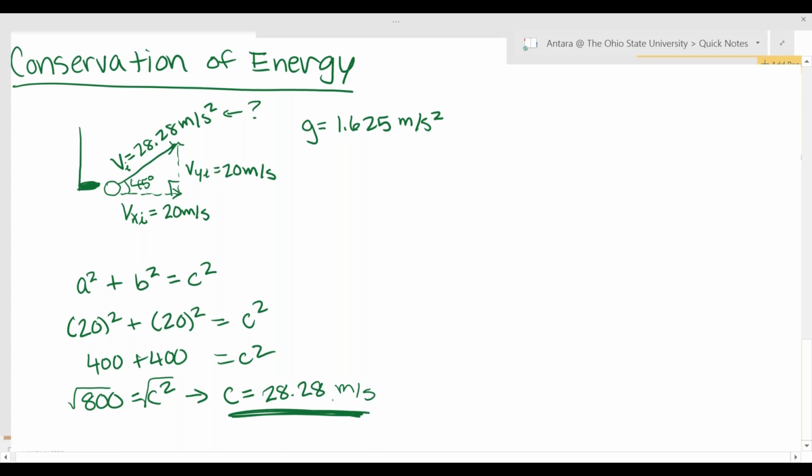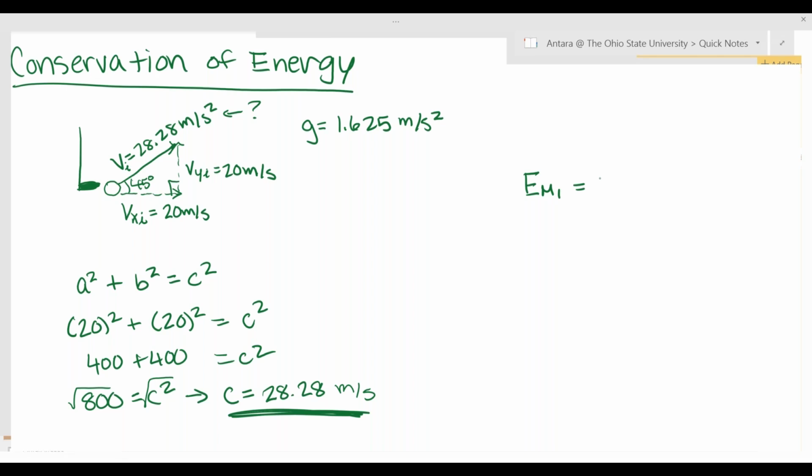Now, if you only have one of the sides and an angle, then you would have to use the tangent formula or the sine theta formula or the cosine formula. But in this case, it was pretty straightforward using the Pythagorean theorem. So let's go ahead and move on with this question. Here I'm just going to write out the conservation of mechanical energy.